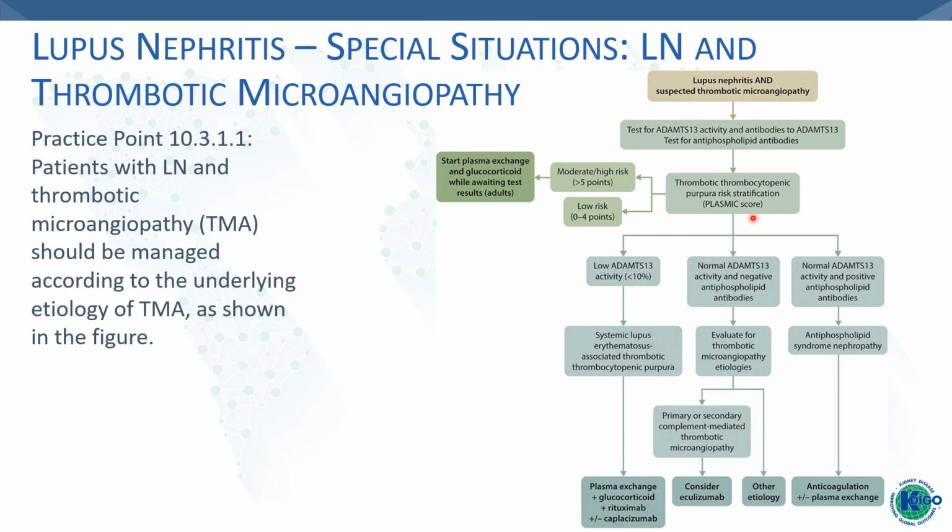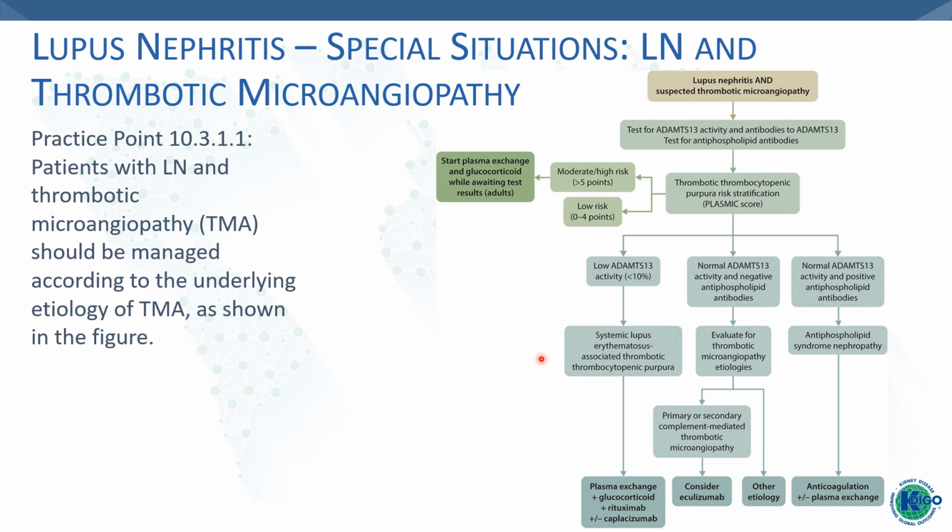And you have to make thrombotic thrombocytopenic purpura risk stratification, because if the patient has moderate to high risk, more than 5 points, you have to start plasma exchange immediately and glucocorticoid while awaiting test results, and this is in adults.